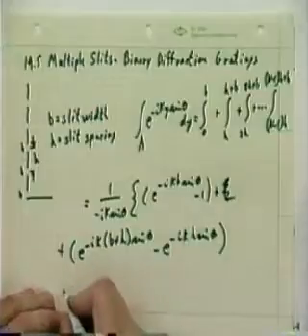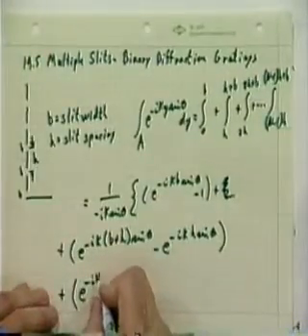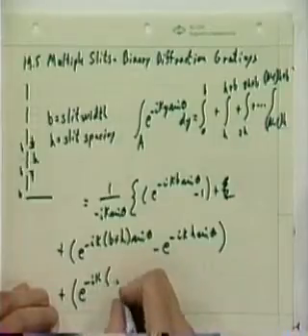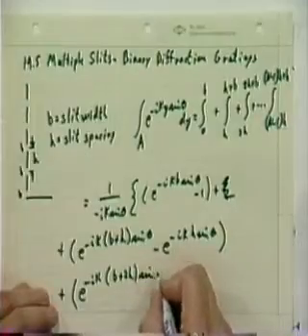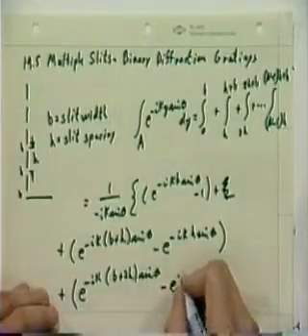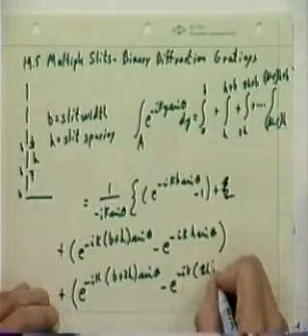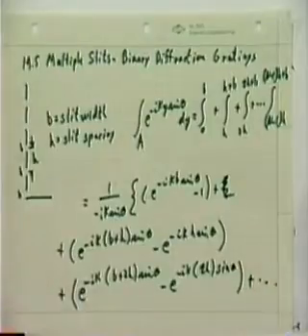And I'll write one more down, I guess: e to the minus ik b plus 2h sine theta, minus e to the minus ik 2h sine theta, and so on. We could write all these out.